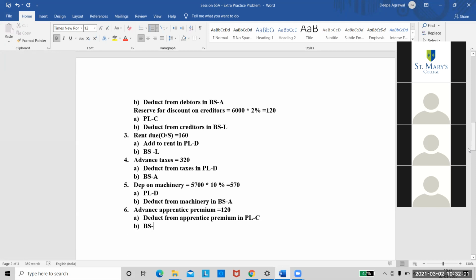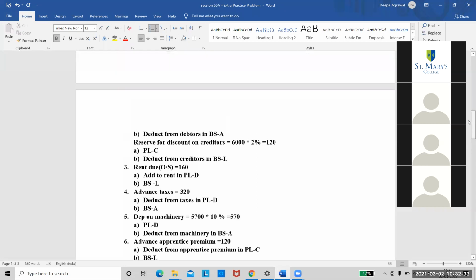Credit side means it is income. So this is income received in advance. So where will this go? Liabilities, ma'am. Because we have received it, we did not work for it still. We still have to work for this premium. Right? So next adjustment.